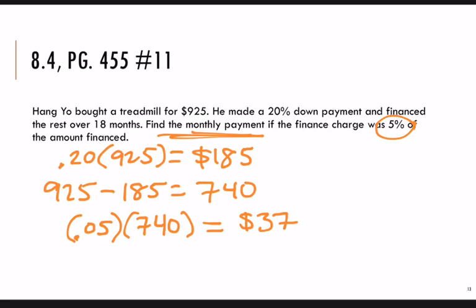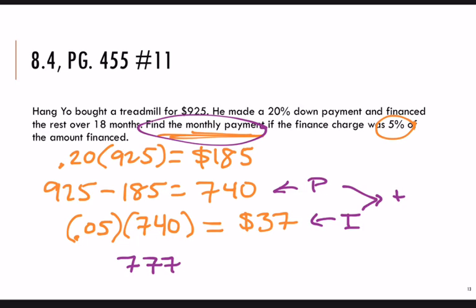This is like the interest. And then the amount financed is like the principal. This is how much needs to be paid back. So altogether, if you add those, that equals $777. And that's what needs to be paid back.